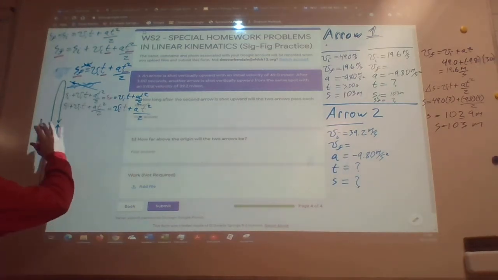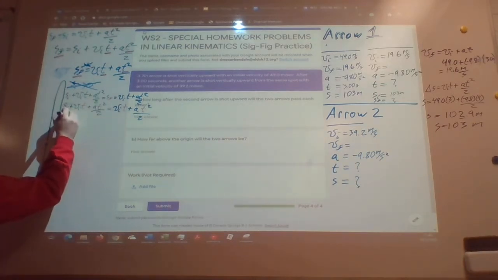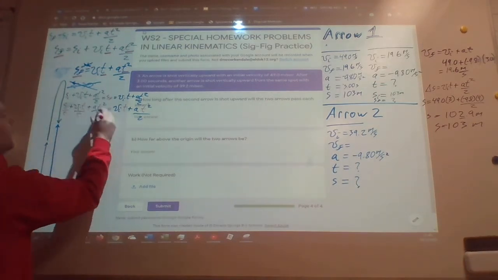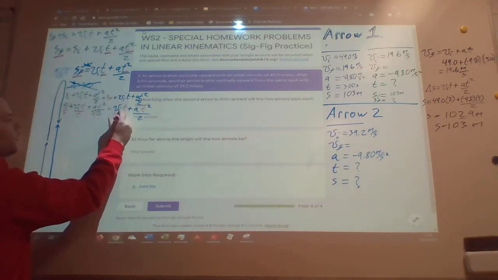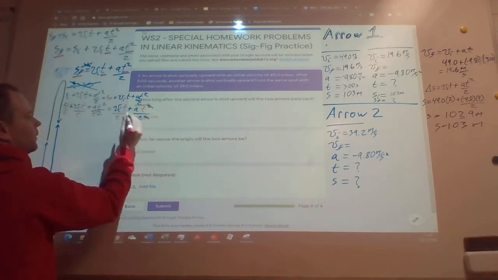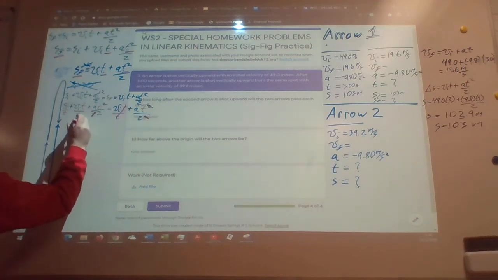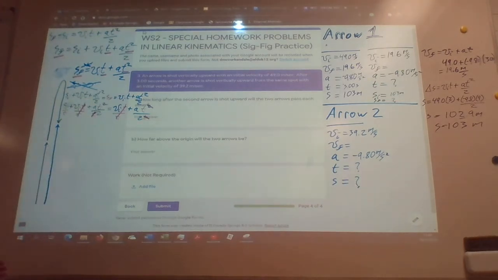Now, if I divide all of these by t, this by t, this by t, this by t, and this by t, this goes away, this goes away, that goes away, and these go away.